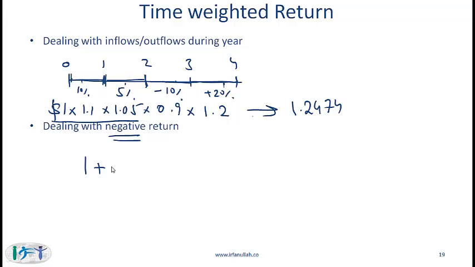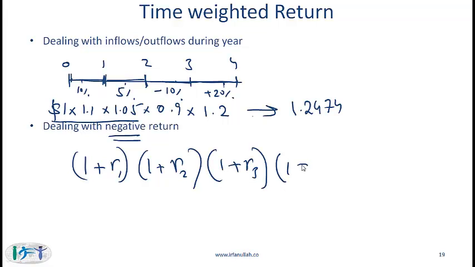You have to multiply 1 plus R1 into 1 plus R2, and so on, where R1, R2, R3 and R4 are the returns for each sub period. And if a return is negative, then this expression will simply be less than 1.